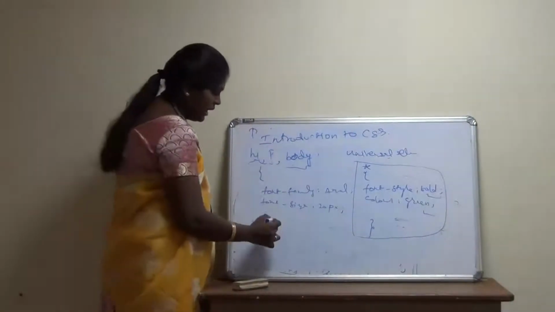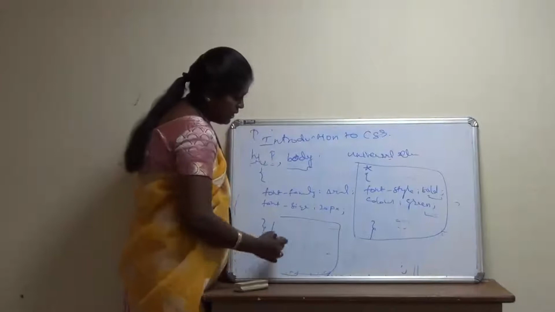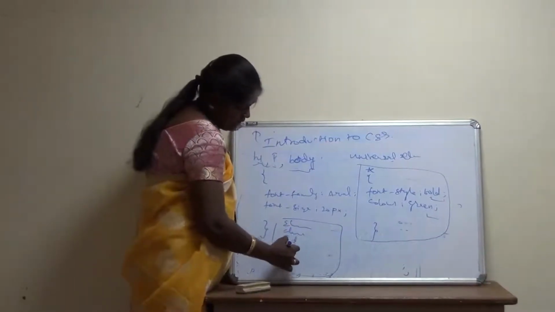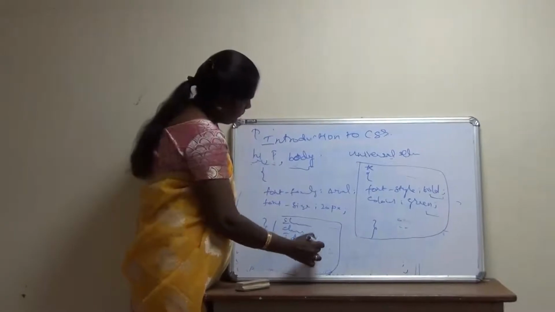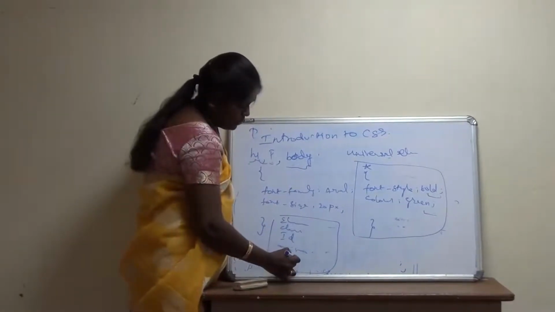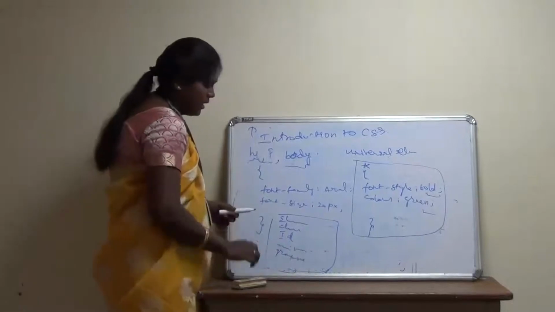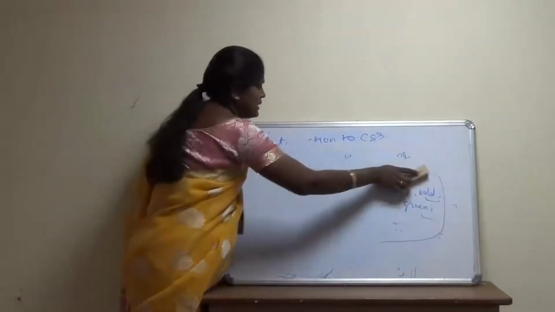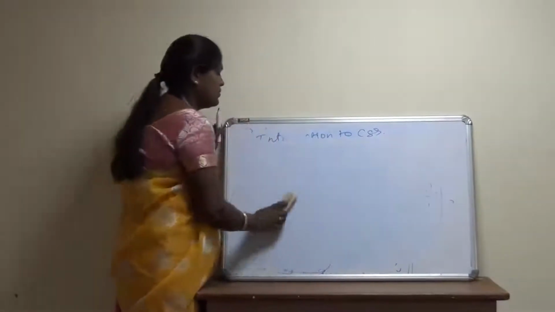So we have seen 5 types of selectors. The first one is element selector, then class selector, ID, then universal selector. Then we have seen about group selector. The next one is 3 types of CSS.